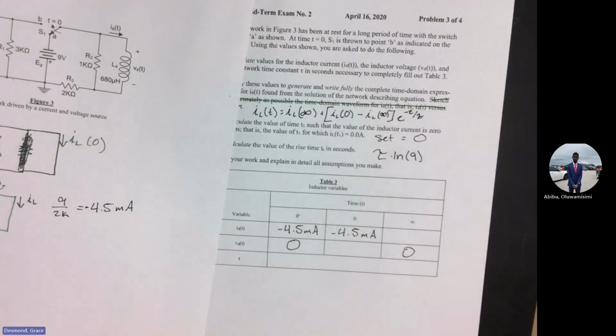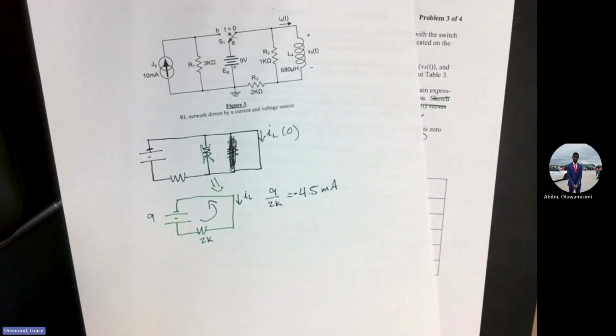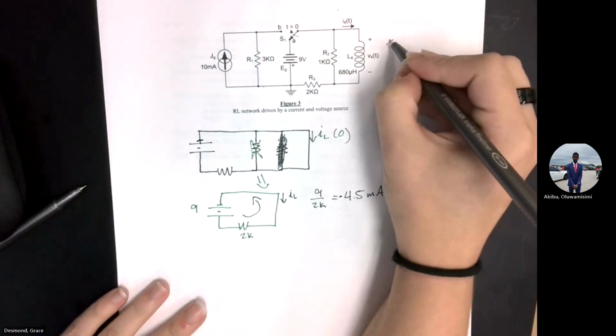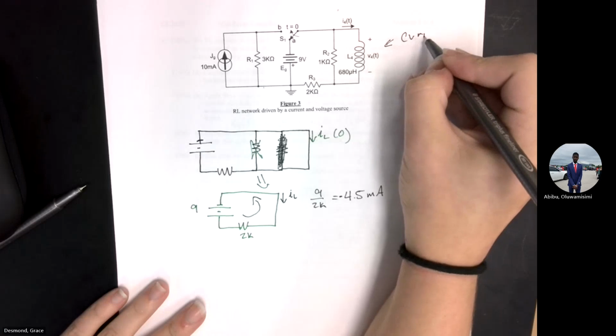So since it has current flowing through it, we can replace the inductor in the circuit with a current source, right? That makes sense. Okay, so let's draw it with this inductor as a current source.